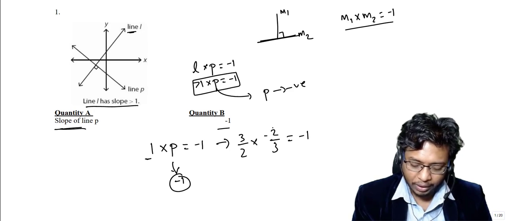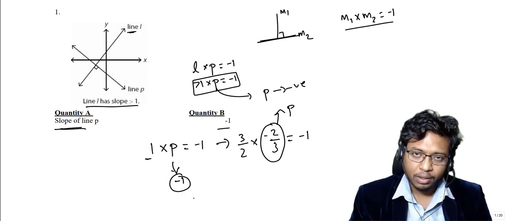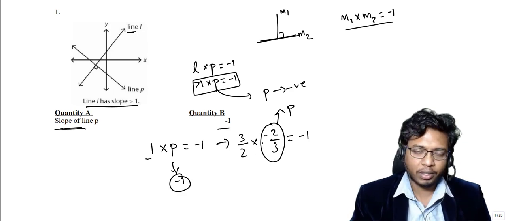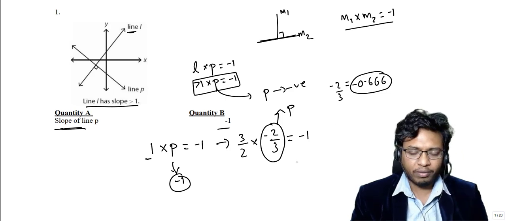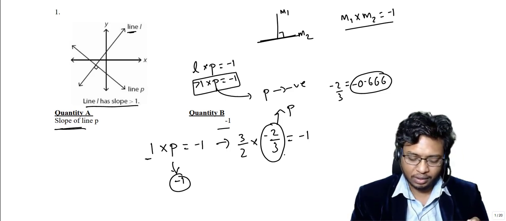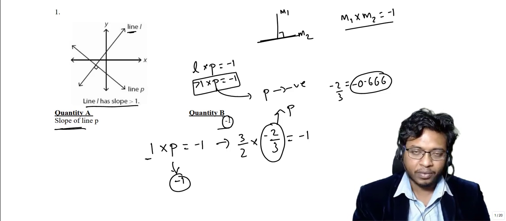Only then you will get -1. So this is the value of P here. So what is -2 by 3? -2 by 3 is equal to -0.666, right? So the value of P will be -0.666, whereas this is -1. That means your P is greater than -1, right?